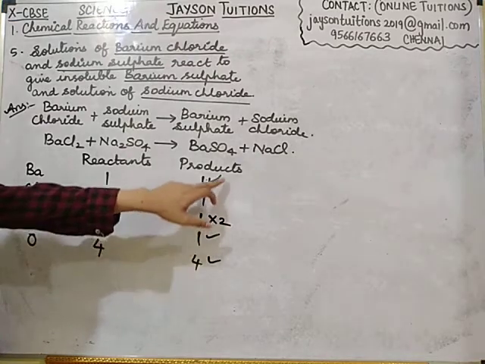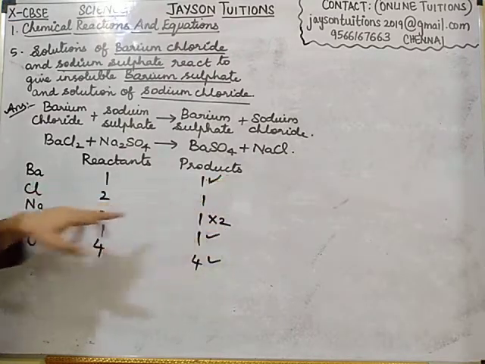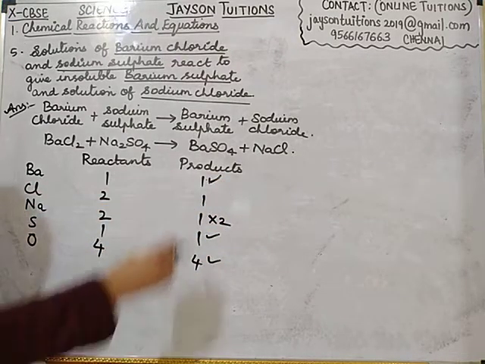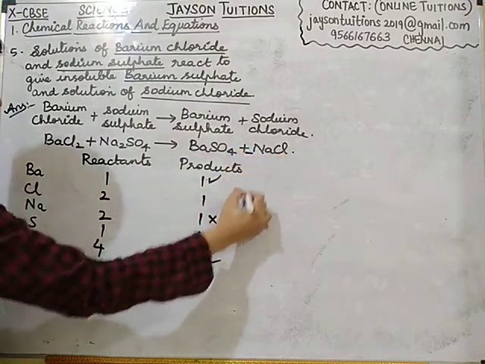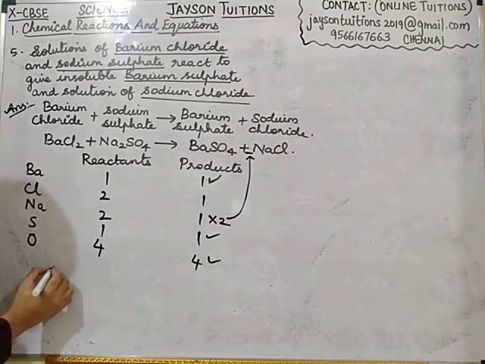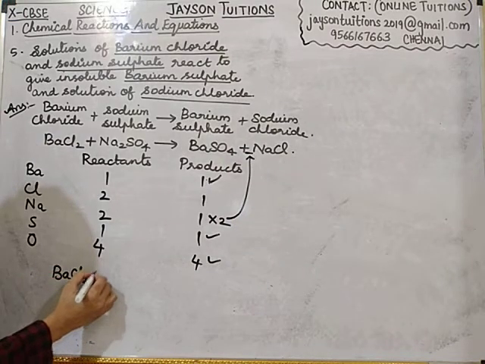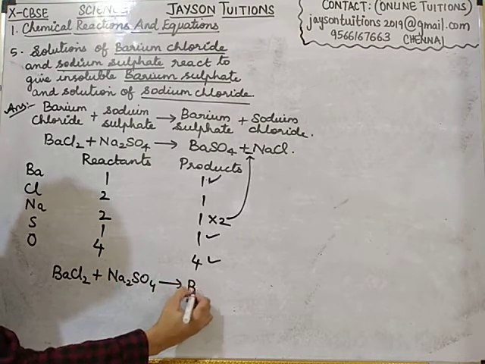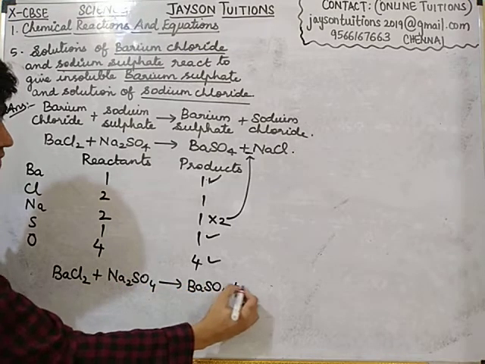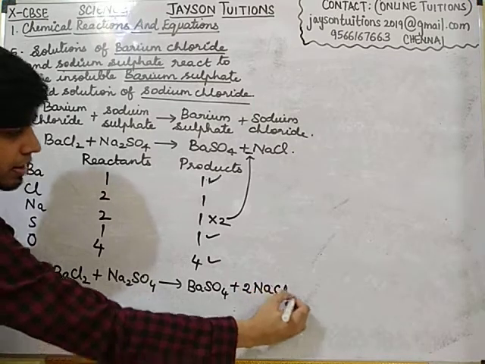Okay. So I am going to write this 2 in the product side where sodium is present. So this is the product side where sodium is present. Here I am going to write this 2. So I will be getting BaCl2 plus Na2SO4 gives BaSO4 plus 2 NaCl.